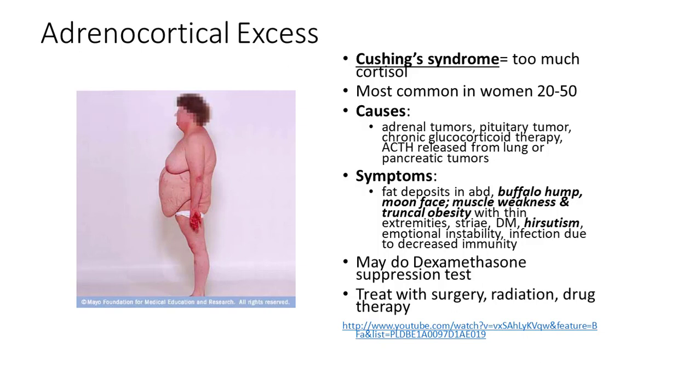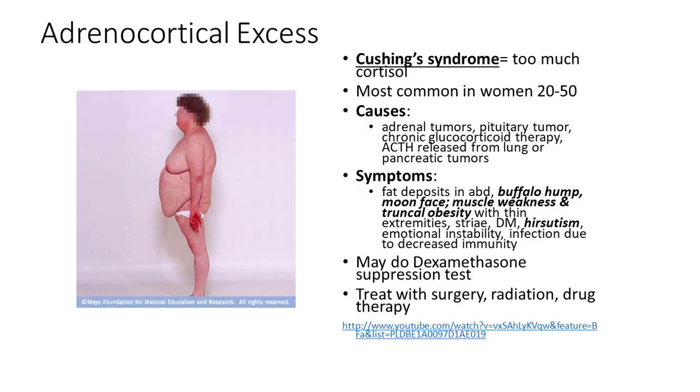Most common symptoms that we are going to see, I want you guys to review these. They're going to have fat deposits in their abdomen. They're going to have a buffalo hump, right up behind their neck. You'll see a little hump, like a fat deposit right there. They're going to have moon face, a round face. They're going to have muscle weakness.